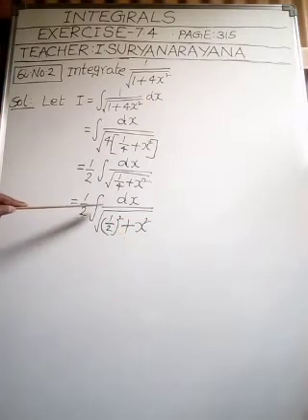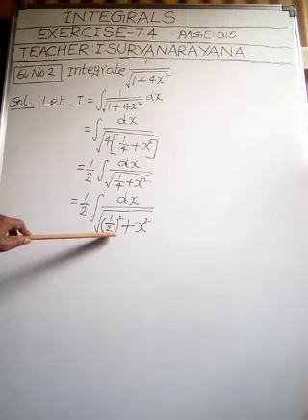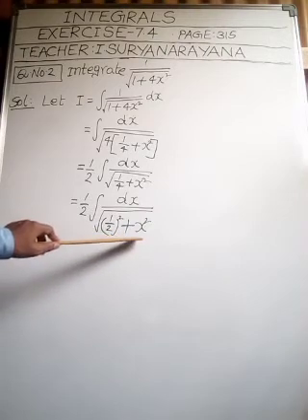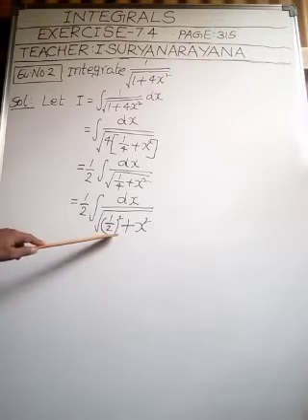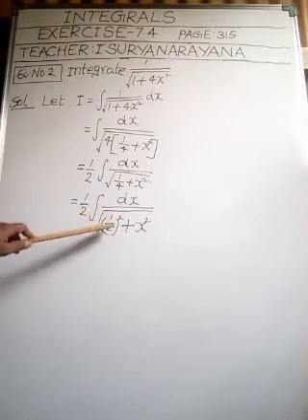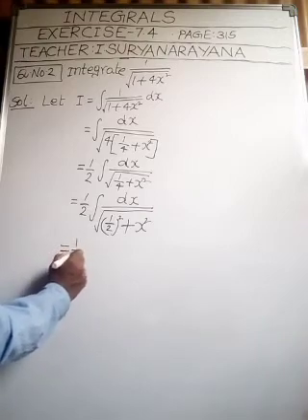Right. Now if you observe this integral, it is in the form of integral dx by square root of a square plus x square. What is the formula you have learnt? Any one of the first 6 formulas. Integral dx by square root of a square plus x square. What is the formula? Log mod x plus root of x square plus a square. Do you remember that formula, my children?